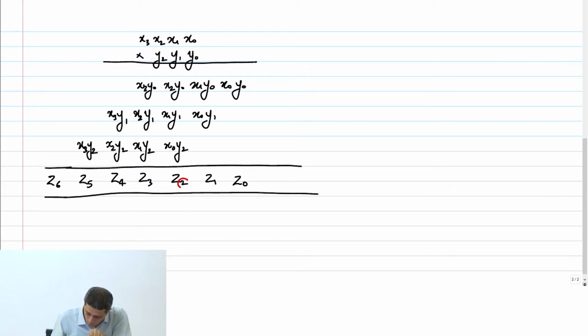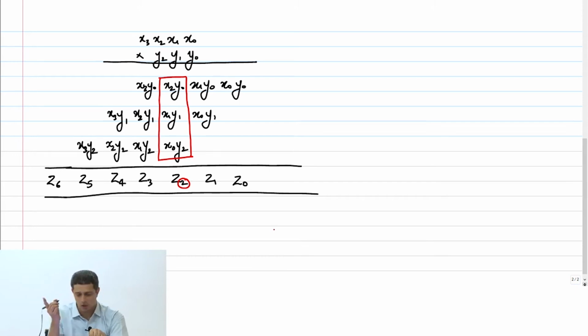This z2 is nothing but the addition of all the terms whose product is such that i plus j is 2. If you look at x2 y0, x1 y1, x0 y2, the sum is always 2. That's how we grouped it in the earlier summation as well. Clear?